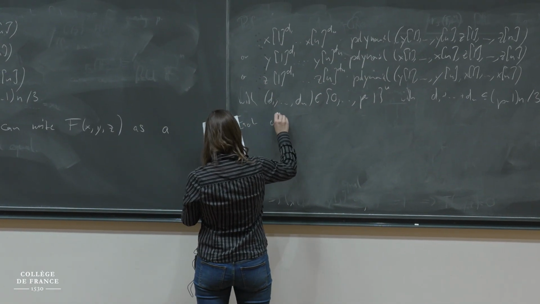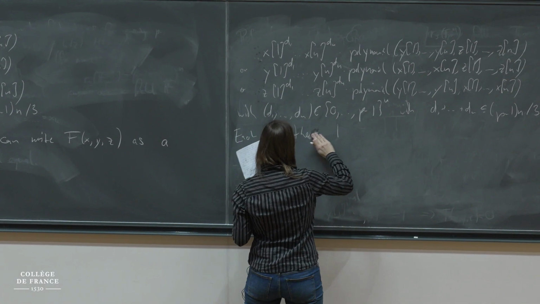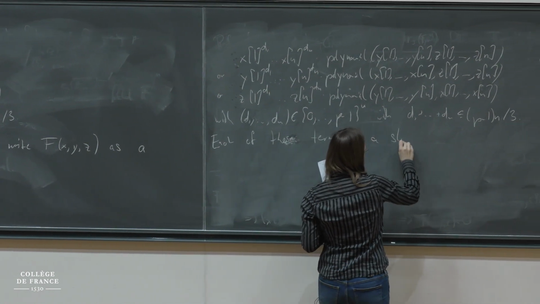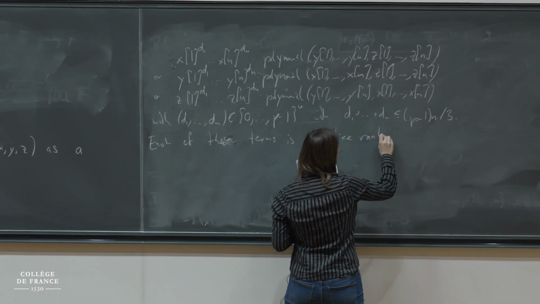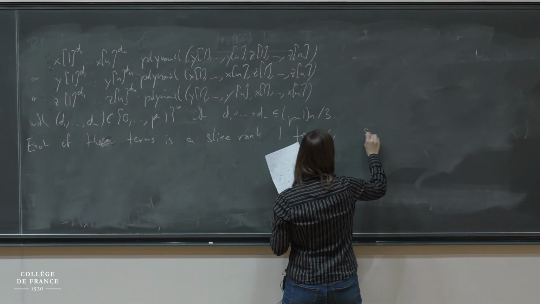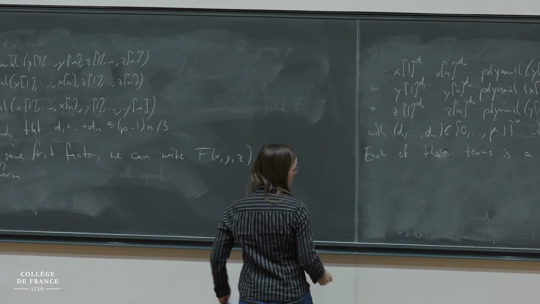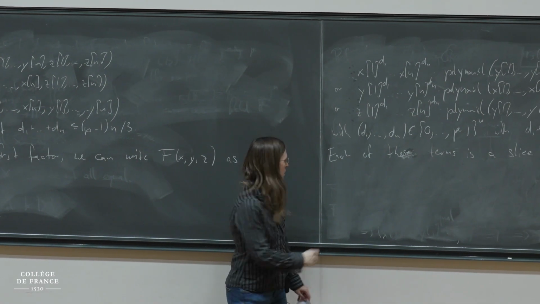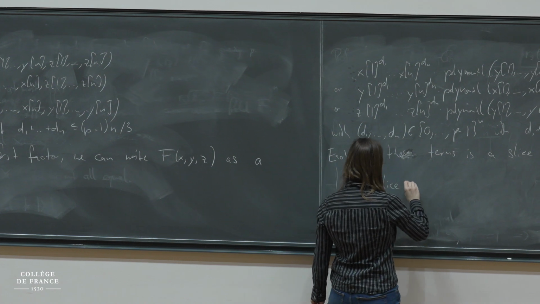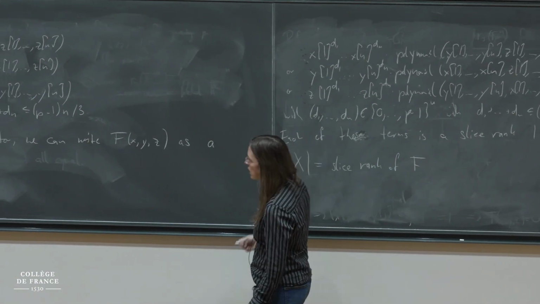So each of these terms is a slice rank 1 tensor. So that means we have found a representation of f as a sum of slice rank 1 tensors. And so we know that the slice rank of f we already know was equal to x, right?